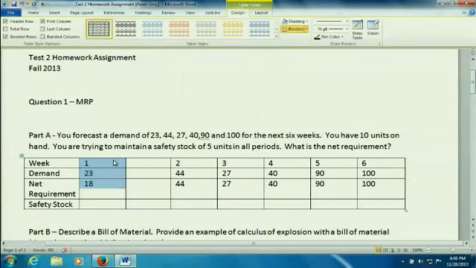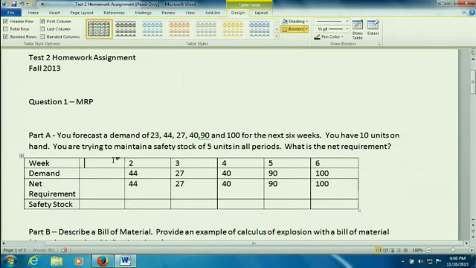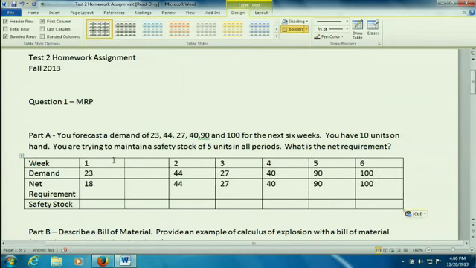Okay. 23, 18, 1. And at time 0, our safety stock was 10. Okay? So all we're showing is that you decrease the net requirements a little bit. Okay.